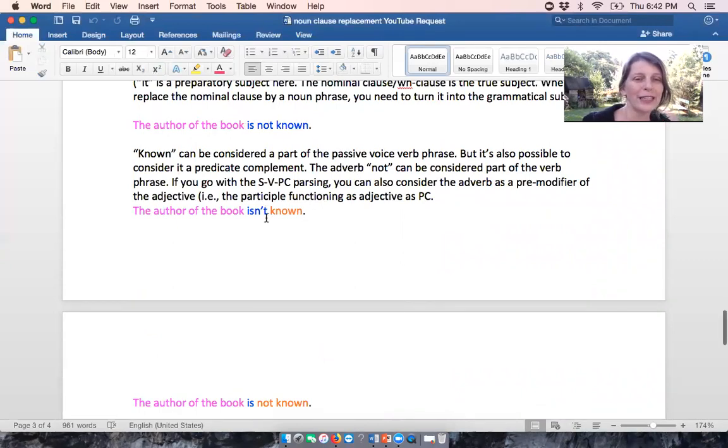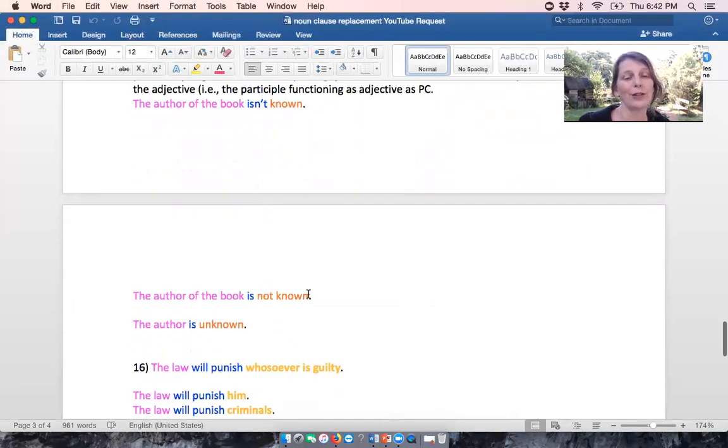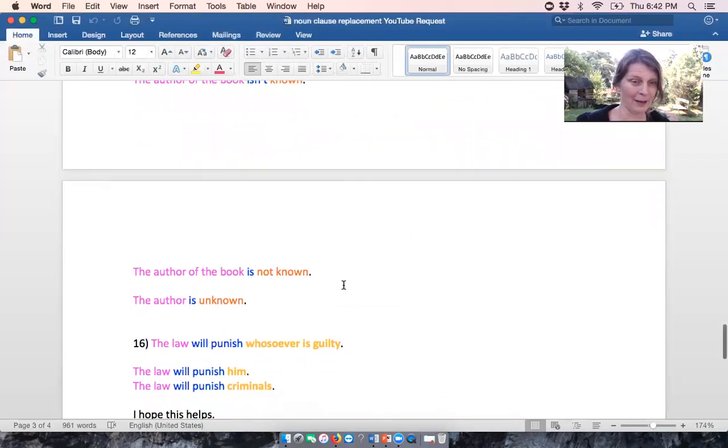And then, of course, you can say isn't, or you can say is not known and is unknown. So you have various ways of expressing the same thing, and then also various ways of parsing the same sentence. Remember, when we parse sentences, we're not stating an objective truth. Parsing a sentence is a subjective but very practical activity. Sometimes it's practical, not always.